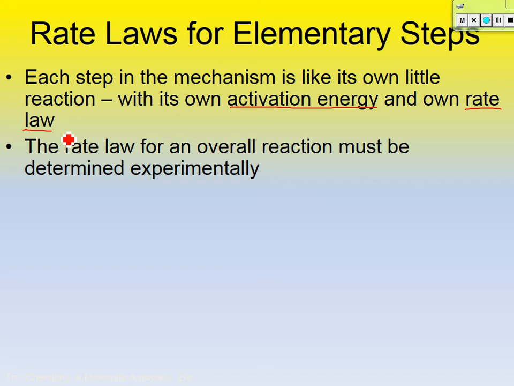The rate law for an overall reaction must be determined experimentally, like we've been talking about. You've got to set up the reaction in the lab, let it run, and collect some data about the kinetics or the speed of the reaction. You have to determine the rate law experimentally. There's no way to predict what the rate law will be just by looking at a reaction equation.